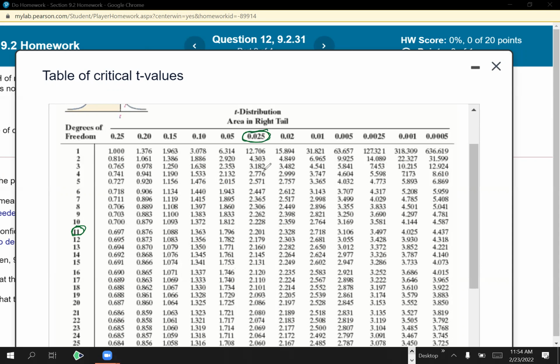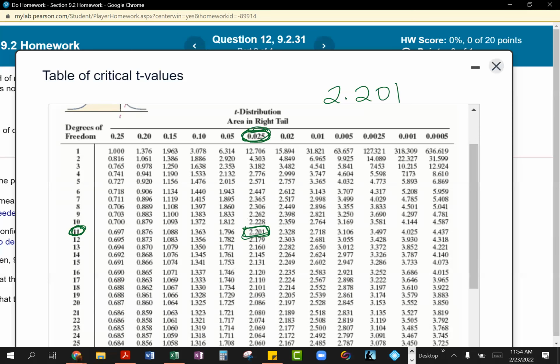So based on that, we have to come up with our t-value, and that looks like it's going to come out to be this number right over here. It's hard to see, but it is 2.201. So again, alpha divided by 2 on the top, degrees of freedom here on the left, and where those two values meet is going to give you your t-value.